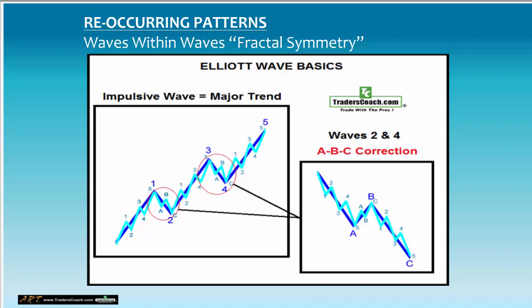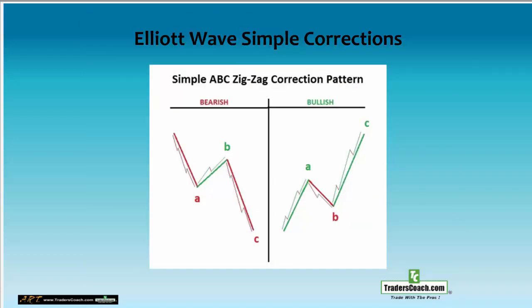Okay, so once you got that, you understand the basics of Elliott wave. And here is a correction that shows you that even in a correction, there are waves inside an ABC correction. And as a general rule, there are 5 waves in an A wave, because technically the direction of the correction on the bearish one on the left-hand side is down.